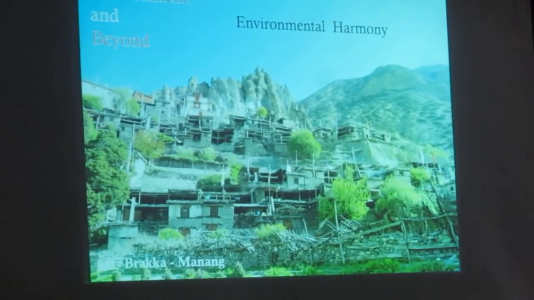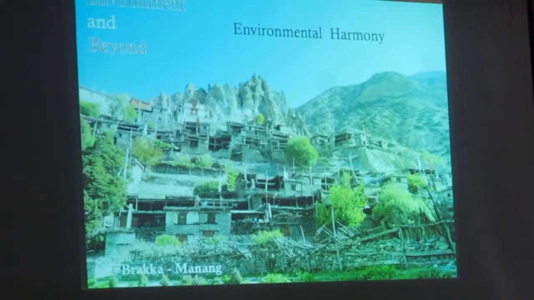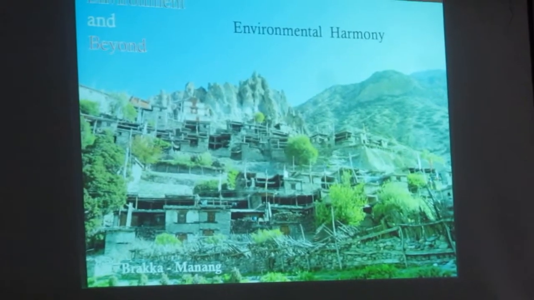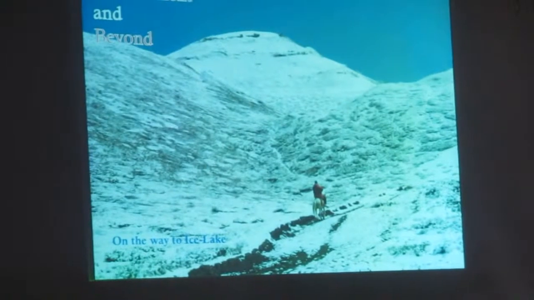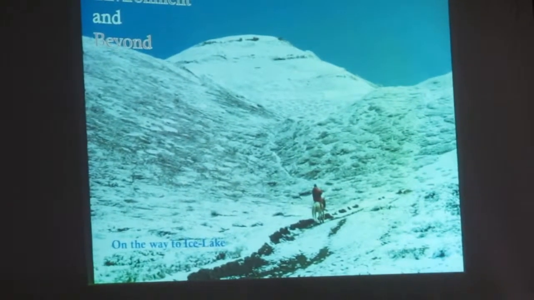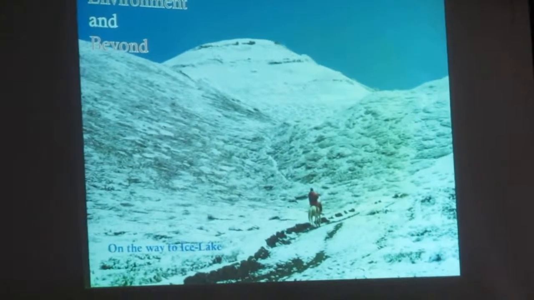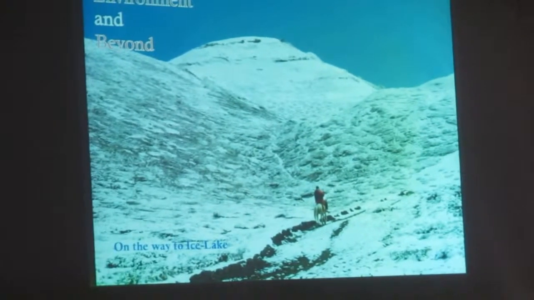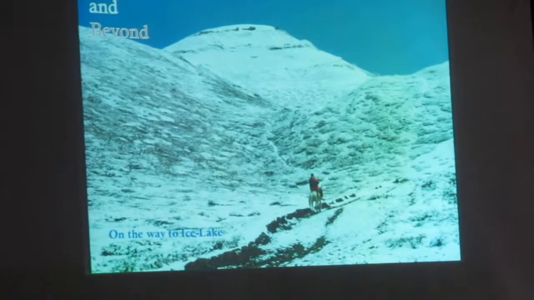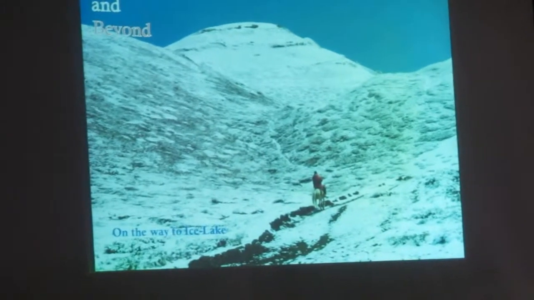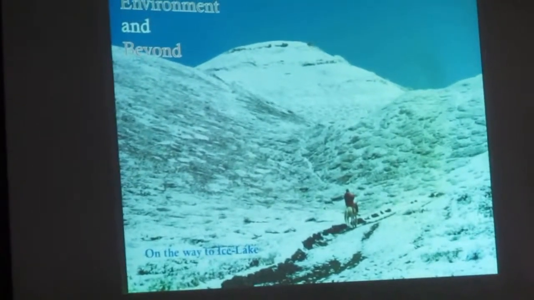Sustainability, in conclusion, is about environmental harmony, however you want to describe it or look at it. And from this site, we did trek up on a horse up to a lake called Ice Lake. And when you look at, in Buddhism, they say that emptiness, there is a certain connection. When you have a few elements, you have focus.